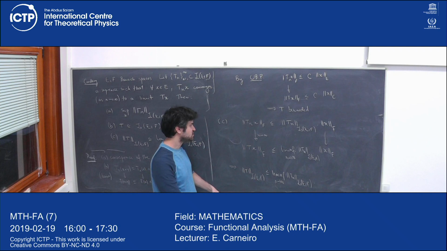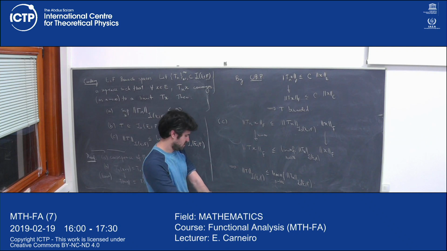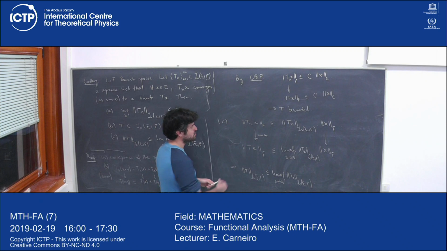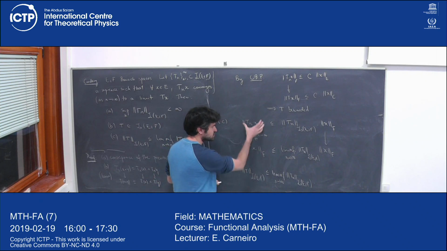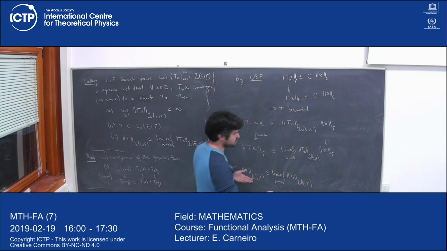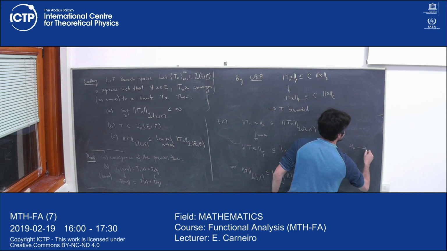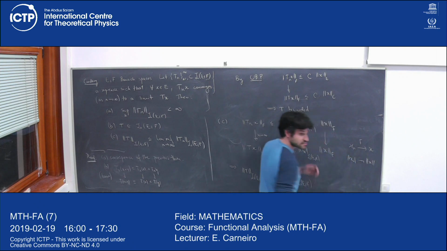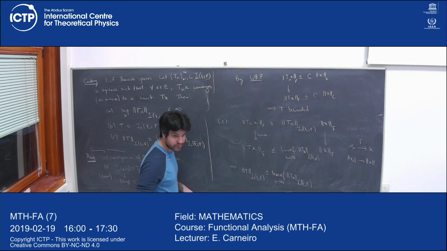So here I'm taking just a sequence of real numbers, right? This is a real number, the norm of Tn of x converges to the norm of T of x. If you are in a space where your xn converges to x in a certain space F, the norms must converge, right? Okay?